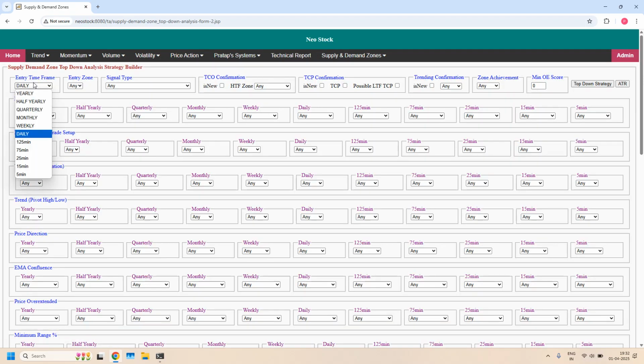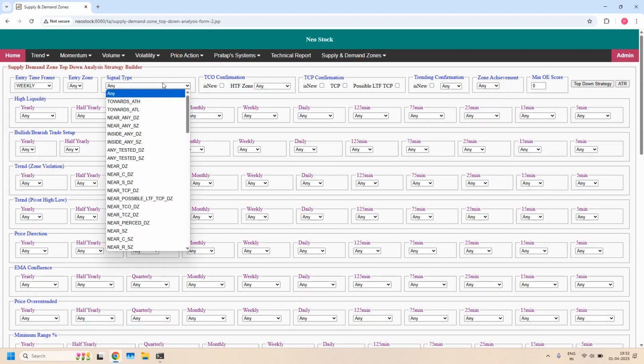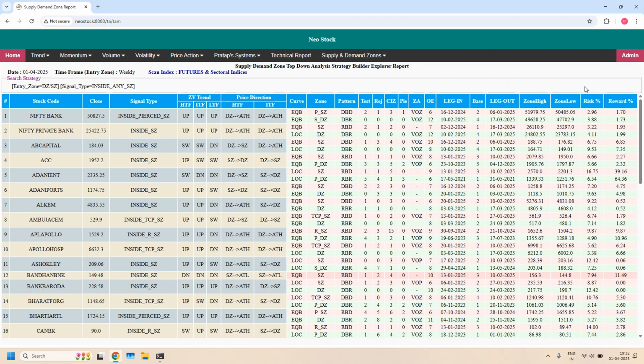Next, weekly time frame. Price closed inside the weekly supply zone. First 16 stocks in the list. Scrolling the list down.